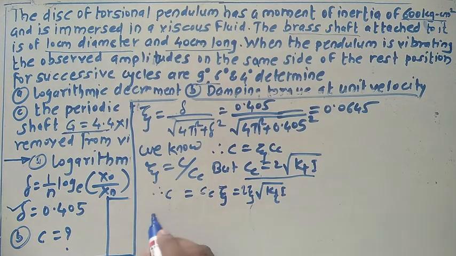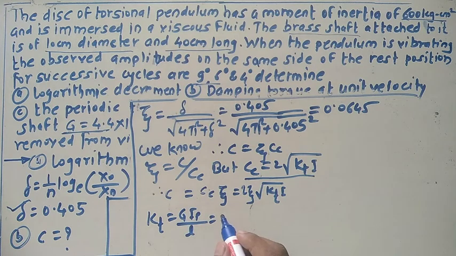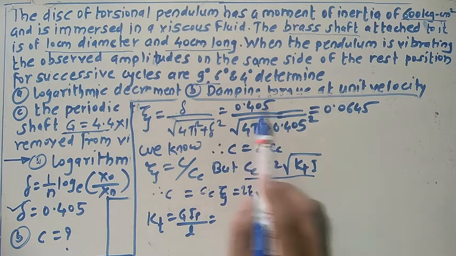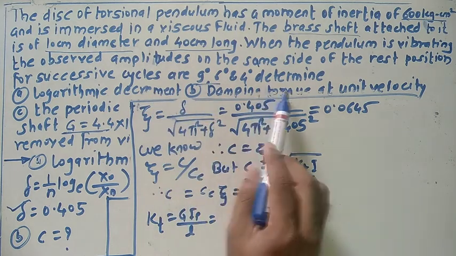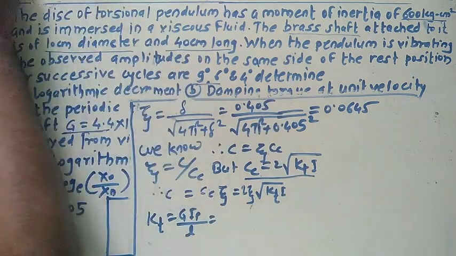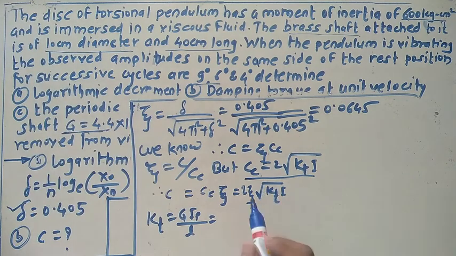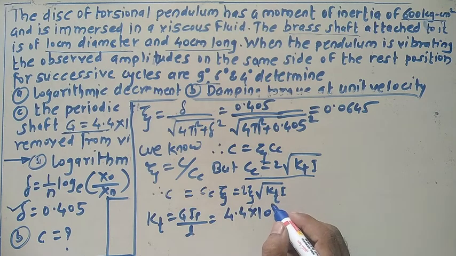So what about the value for kt? kt equals G Ip divided by L. G, the modulus of rigidity, is already given in the problem: 4.4 into 10 raised to 10.